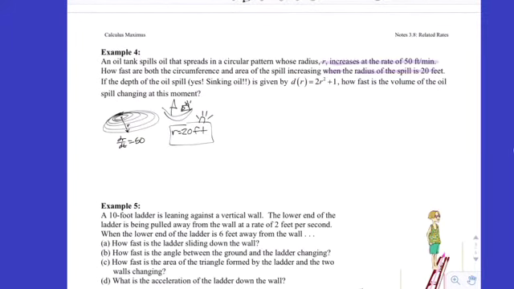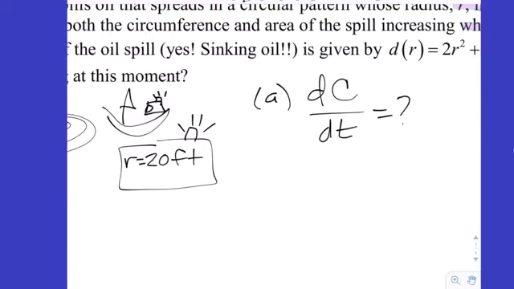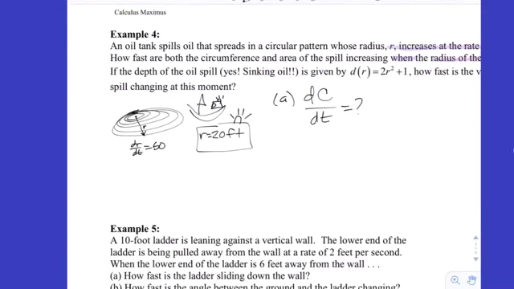All right, so part A asks how fast the circumference is changing. I'll call the circumference C, so we're looking for dC/dt. That's our target. Before I can relate the rate of change of circumference to the rate of change of the radius, I need to relate the quantities, circumference to radius in a circle.